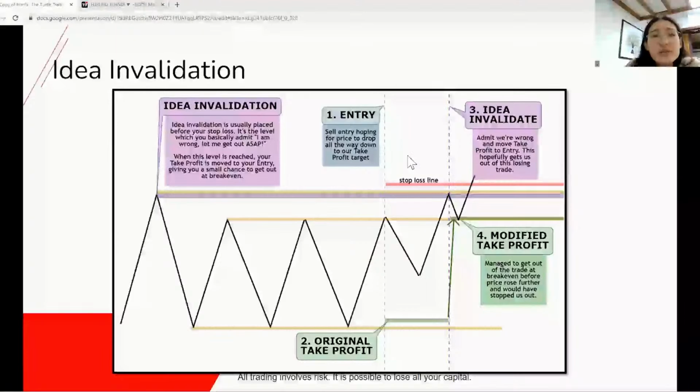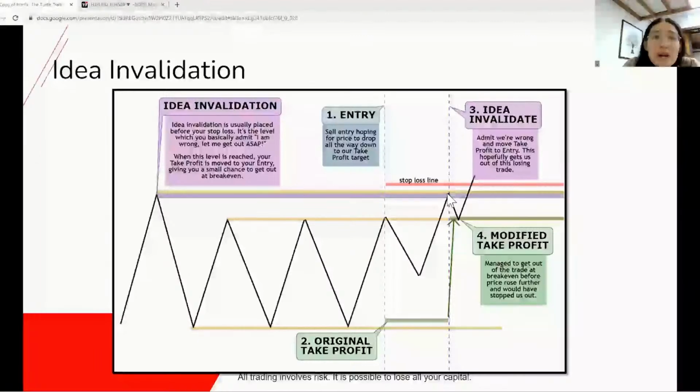So let's look at the diagram here once again. Your entry, same thing is over here. We're expecting price to drop all the way down to our take profit over here. Okay, so it's going down nicely, and then over here it reverses and it heads back up.